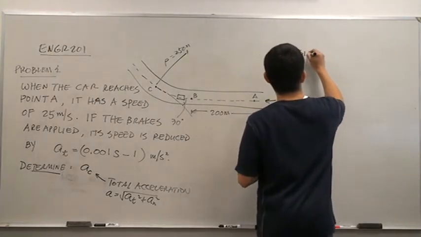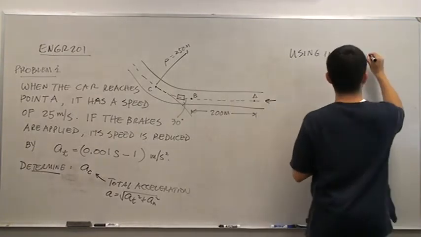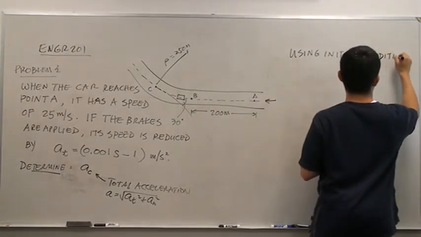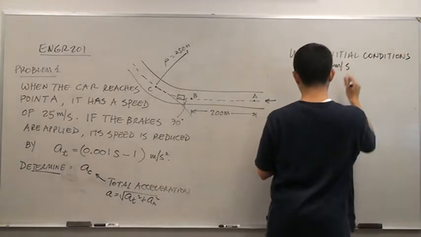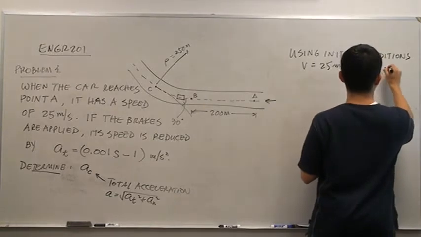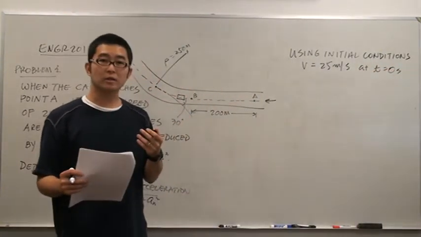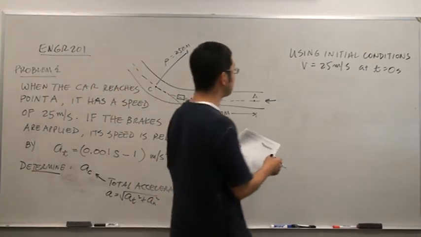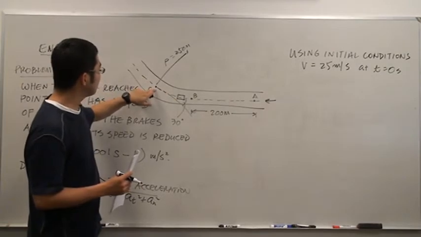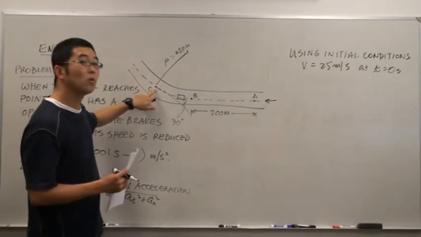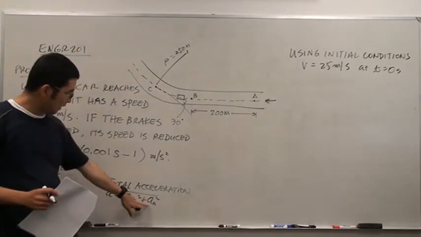So using the initial condition, v equals 25 meters per second at t equals 0 seconds, we can calculate an expression for the velocity v. The reason why we calculate an expression for velocity v is so that we can know the velocity at C, which will allow us to calculate AN.